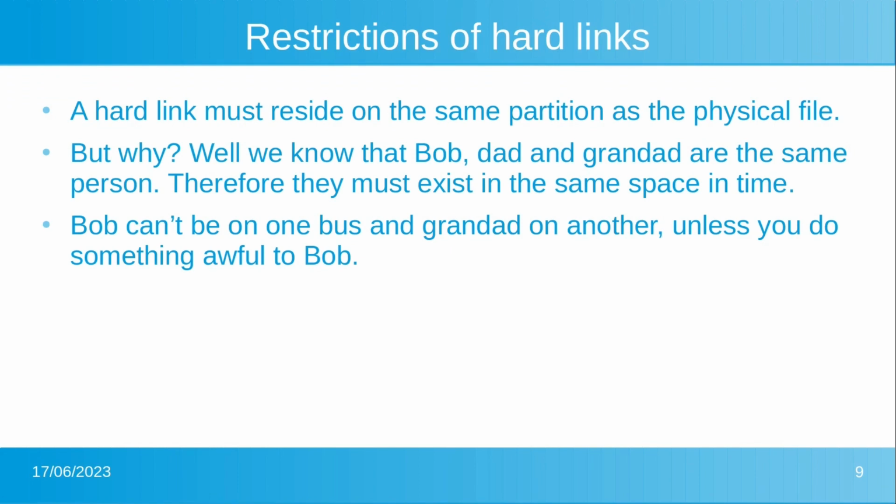They exist in the same space and time. So Dad can't be in France while Bob's in Germany because they're the same person. Bob can't be on one bus and Grandad on another, unless you do something awful to Bob, in which case they could exist in both places at the same time, but they're split and they're really no longer the same thing. So we won't go there because that's kind of morbid.